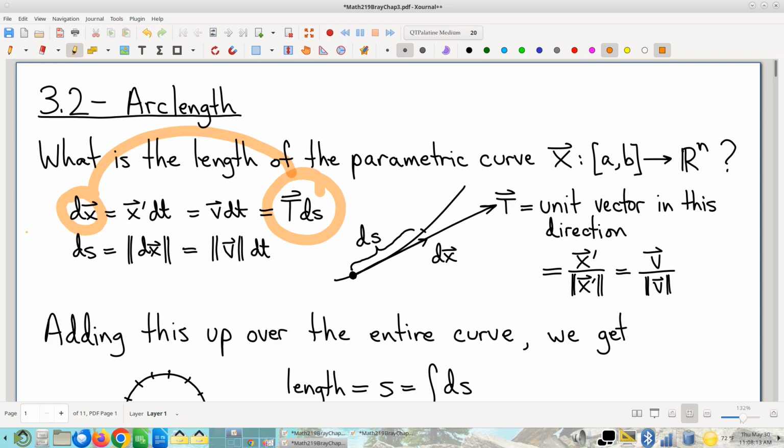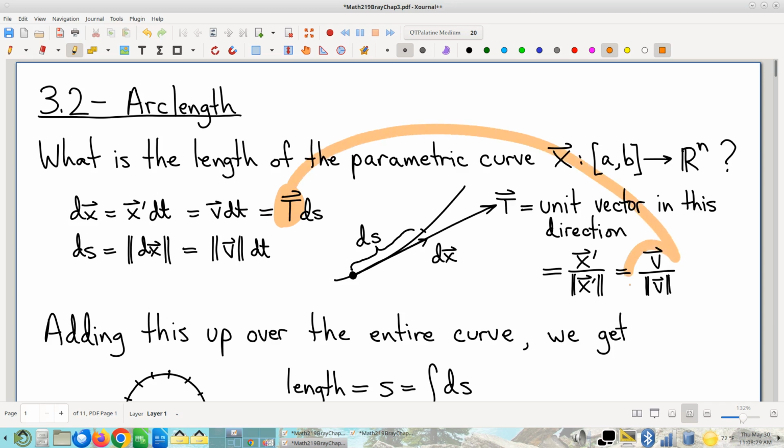And there's a couple different ways that you can see this. One way to do it would be to interpret T by that formula, and ds by this formula.